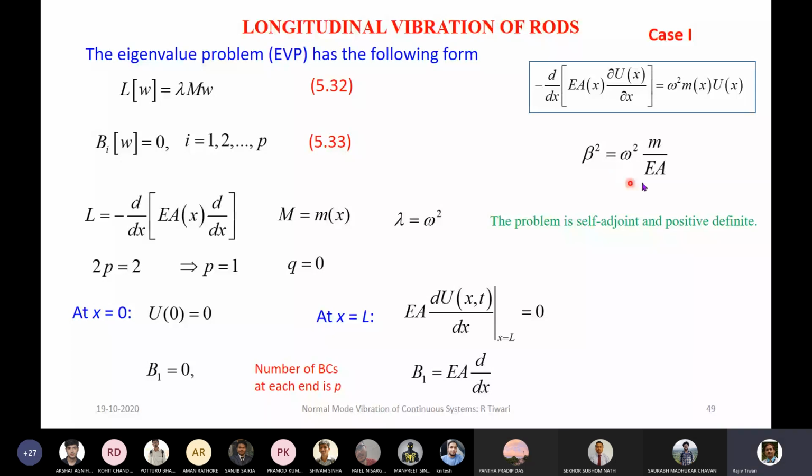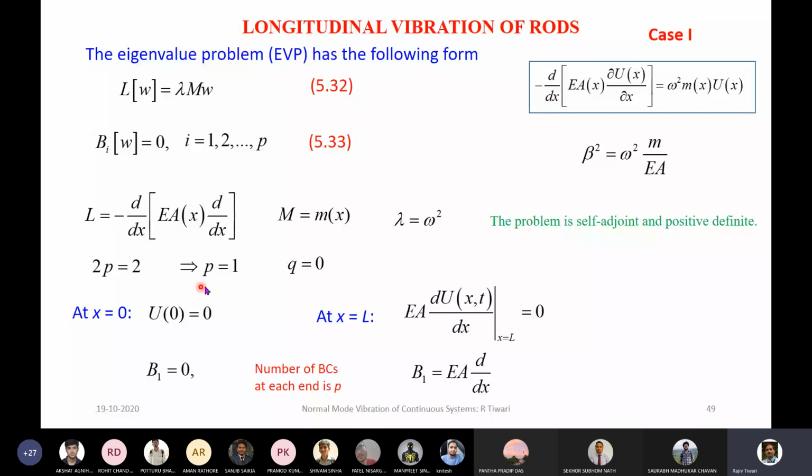So here the order of differentiation of this L operator is 2. So we'll equate 2p equal to 2. That will give us p is equal to 1, because the number of boundary conditions at each point will depend upon p. Q is equal to 0 because there is no differential order here.